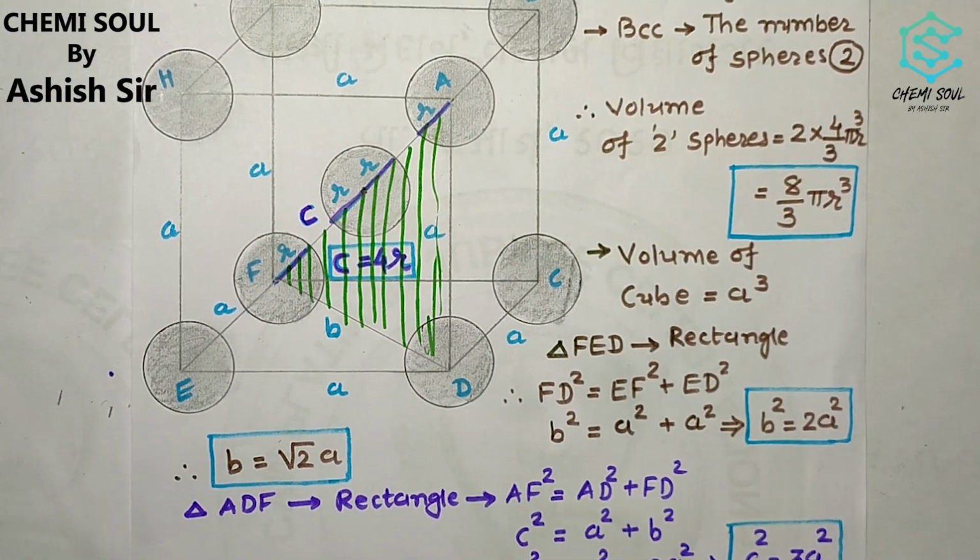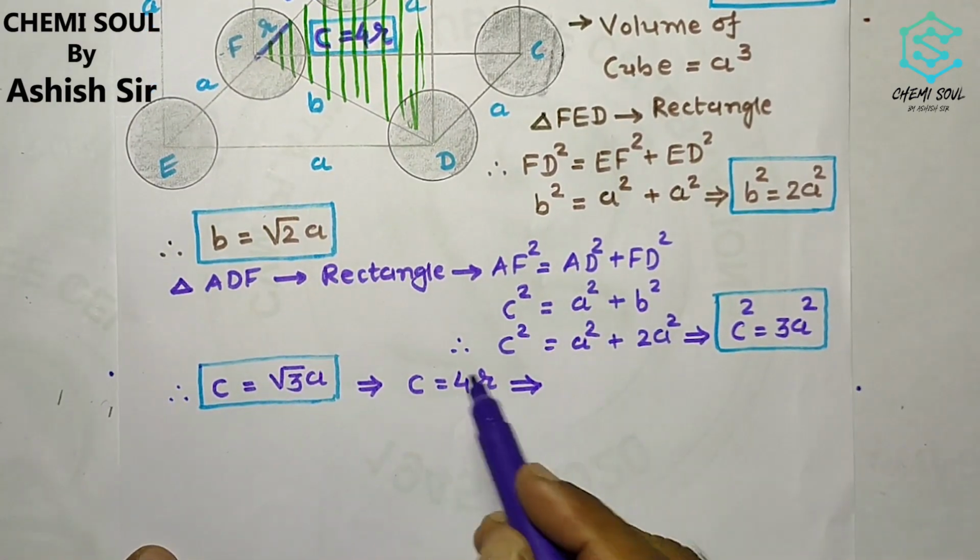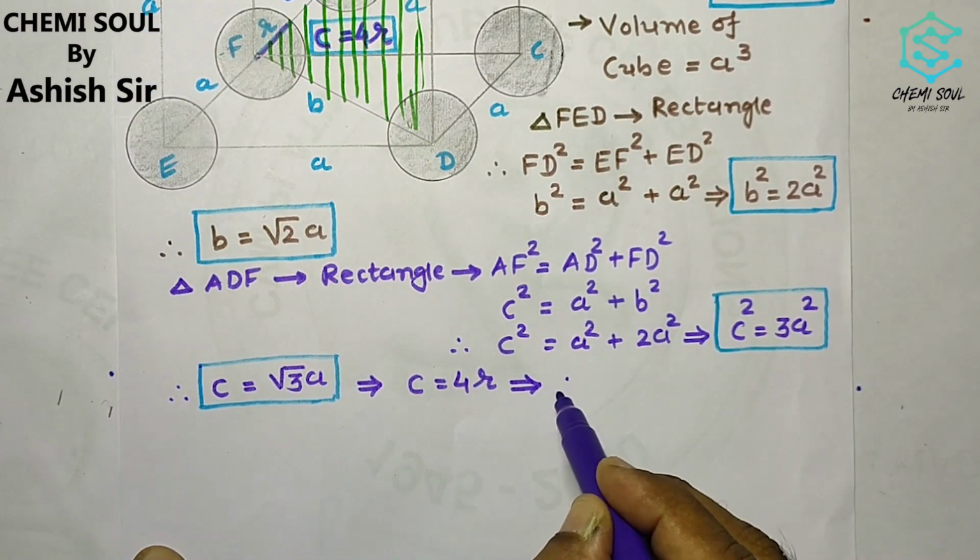So we can compare both values. c is equal to root 3 a, and c is equal to 4r.